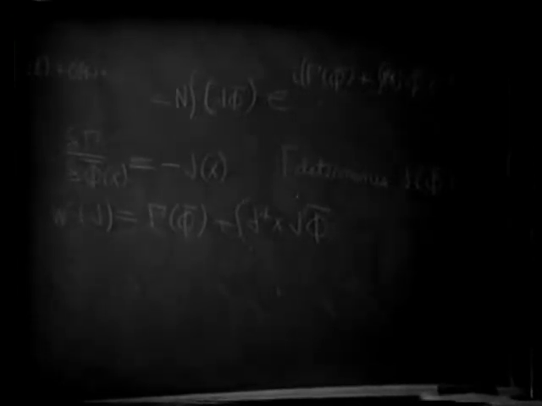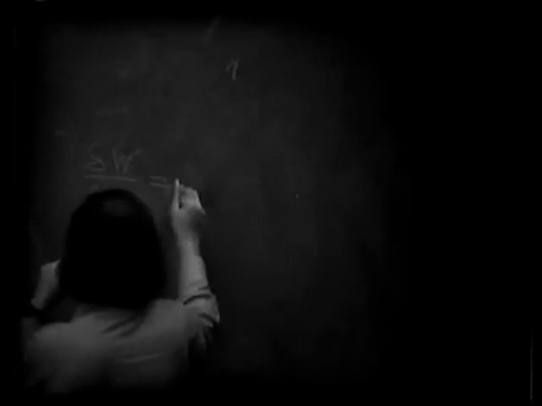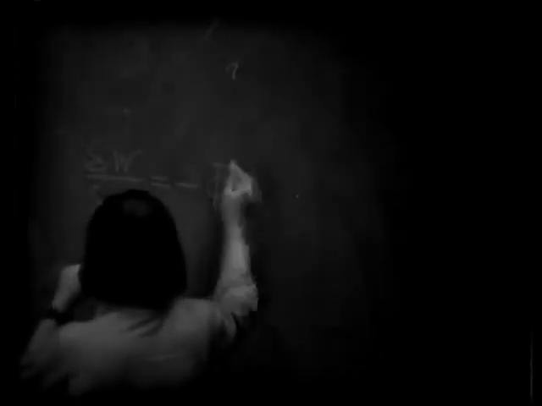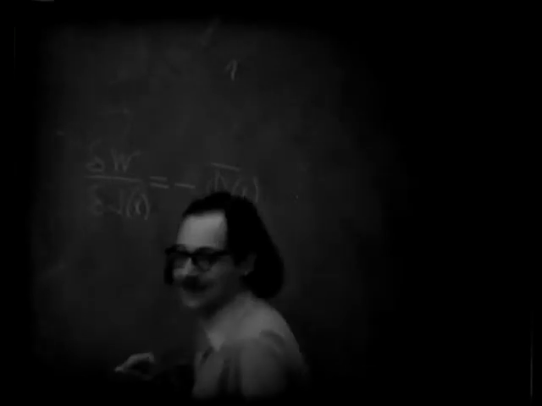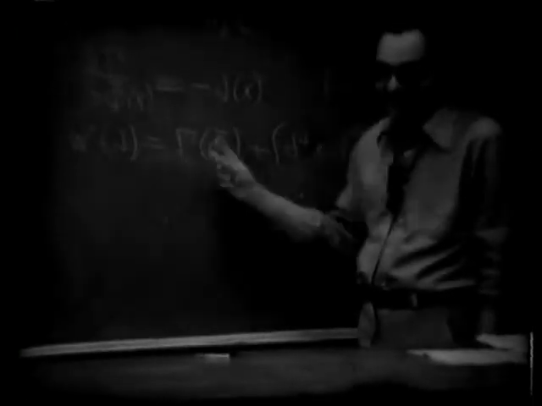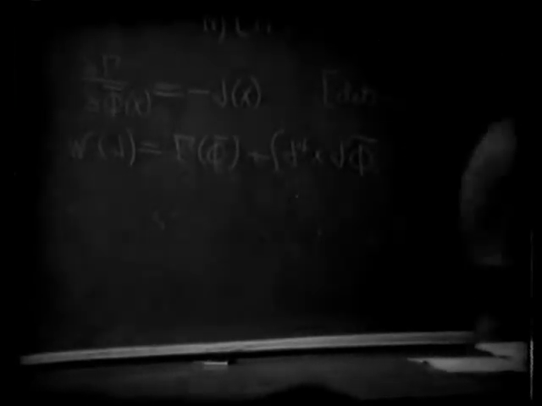You simply, starting out with W, define which is obviously the true equation you get by varying this thing. That's how Legendre transformations work.